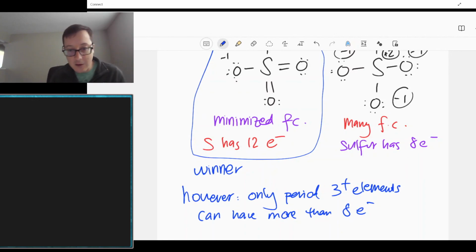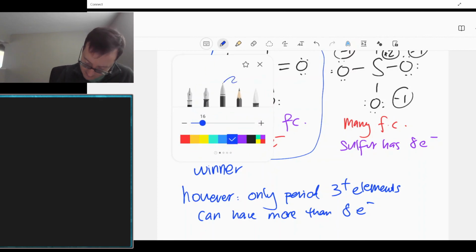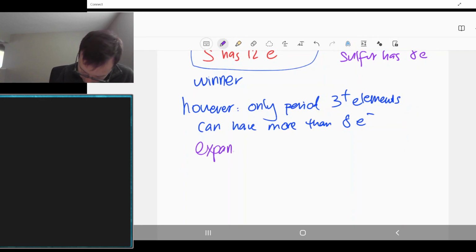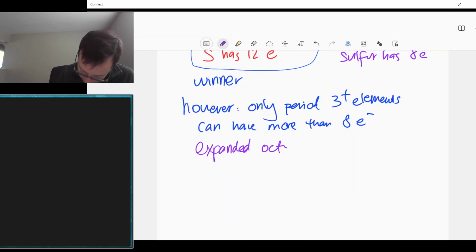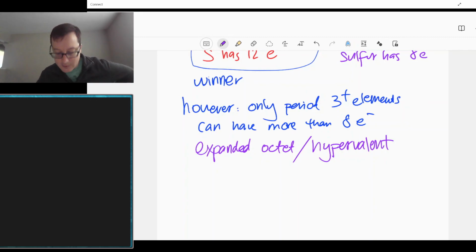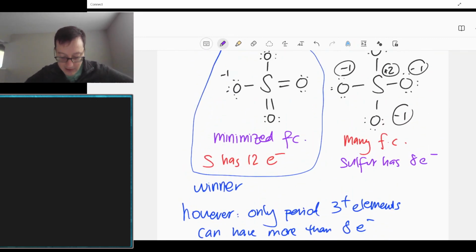All right, so anything that's in period 3 or below can go more than 8. It's called an expanded octet. Also called a hypervalent species. So this sulfur here has 12 electrons, and that's okay because sulfur is in period 3.